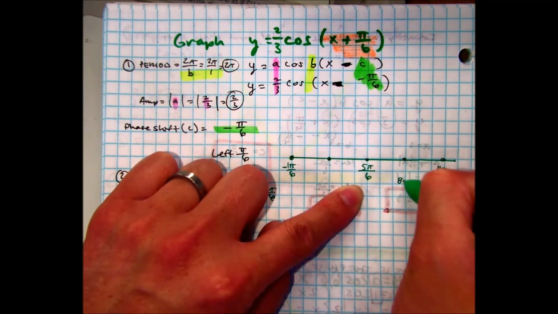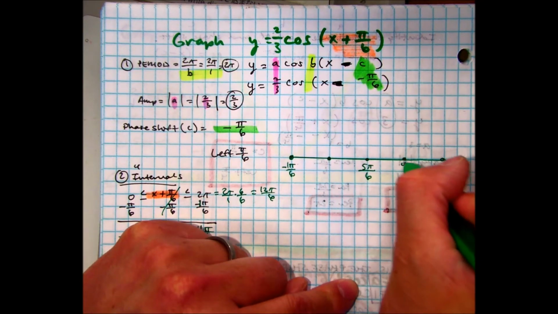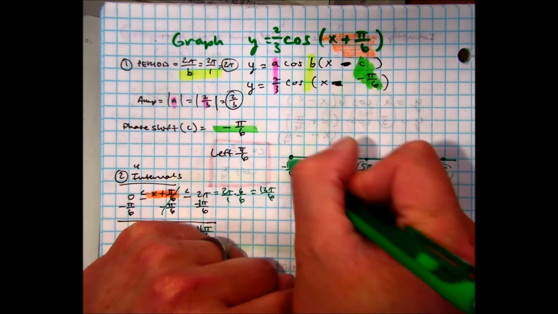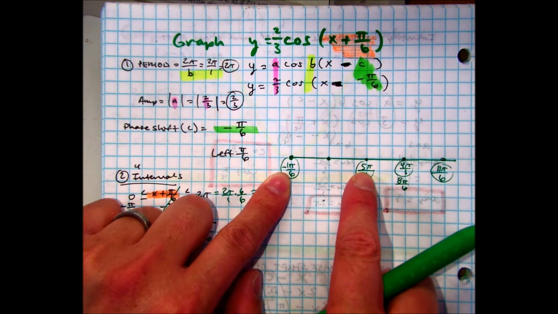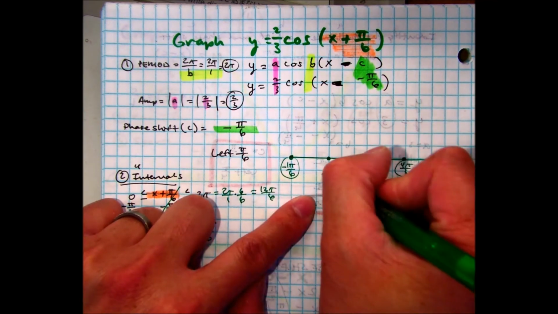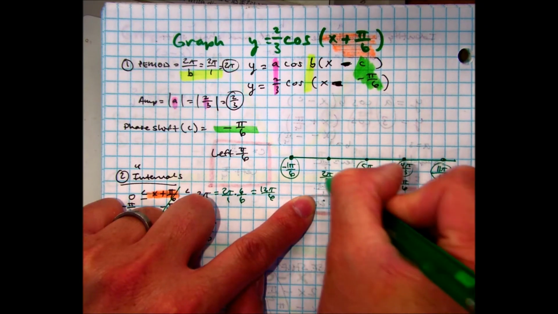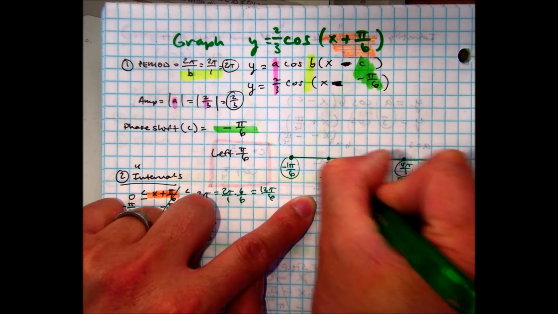So what is 8 pi over 6 reduced to? 4 pi over 3. What's negative 1 plus 5? 4. And what's 4 divided by 2? 2. And 2 pi over 6 reduces to? 1 pi over 3.